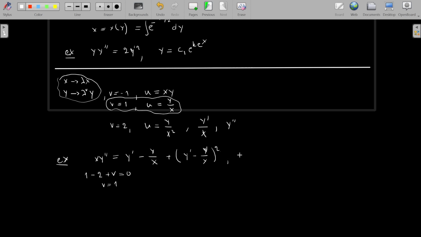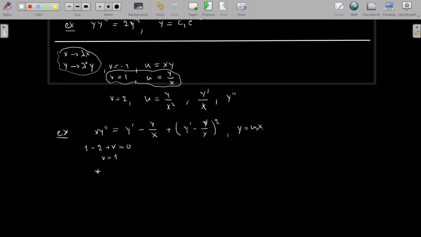So, if you go ahead and write y as ux, you're going to have y prime is equal to u plus x u prime, and y prime prime is 2u prime plus x u prime prime, and y prime minus y over x is equal to u plus x u prime minus u.